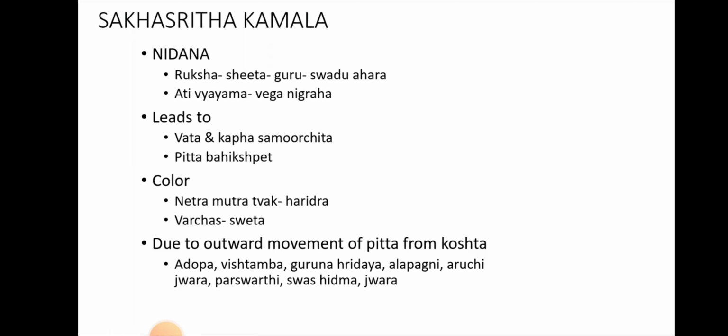If you see the Nidanas, it is caused due to Vata dosha. In Ruddhapada Kamala the main dosha was Kapha, the obstruction was due to Kapha. Here, the Nidanas are almost all Vatakara, like Ruksha, Shita, Swadu, Vyayama, and Vegadharana.